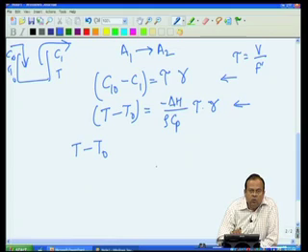So, what we will now do is combine this mass and energy balance, because we see this tau R term which is common.